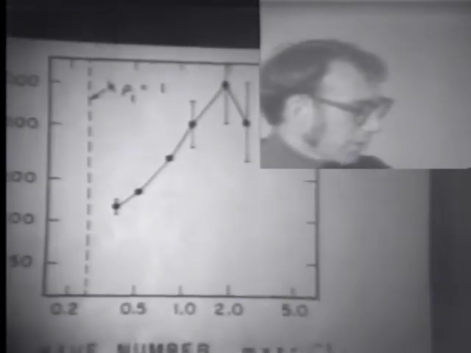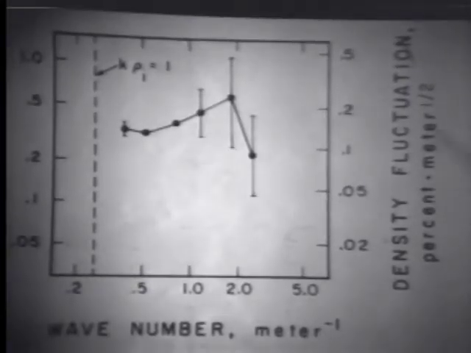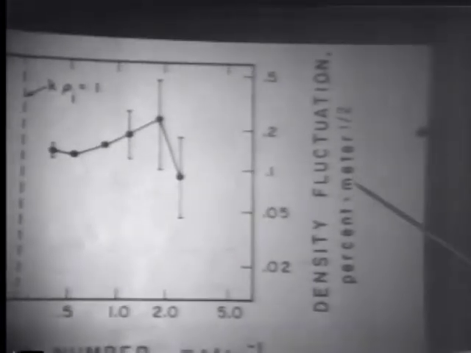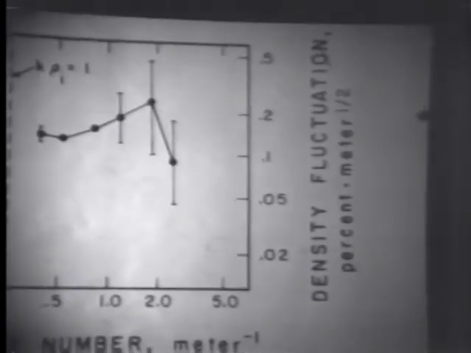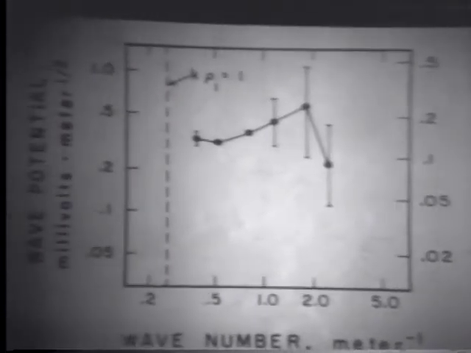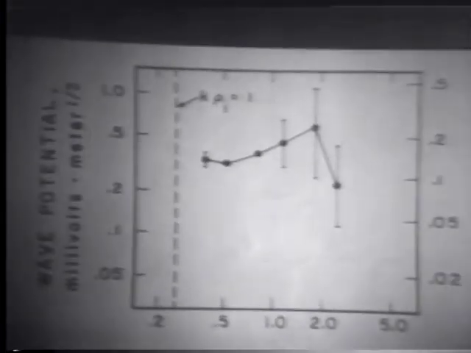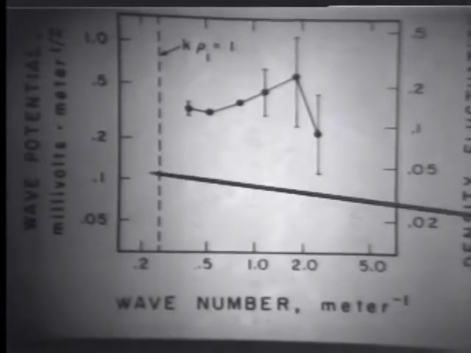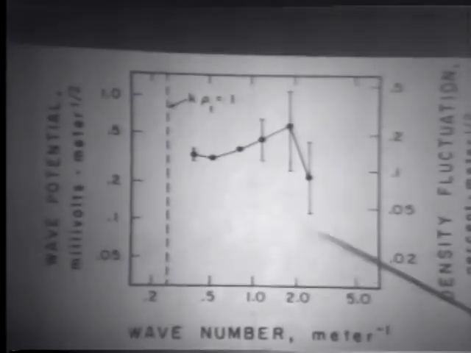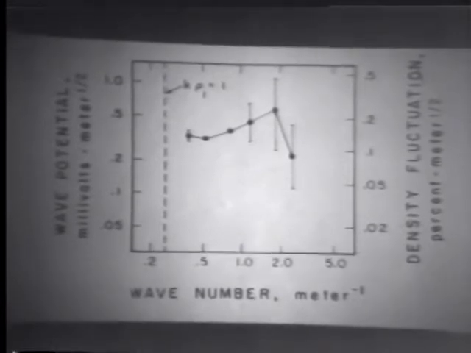If people want to compare this to backscatter results, I've converted this into plasma density fluctuation in terms of percent, again times meter to the 1/2, by assuming a plasma temperature and taking this equation over here and converting the electric field, dividing it by k to get the potential. That's on the left, the real wave potential, and the plot on the right is the density fluctuation as a function of wave number.